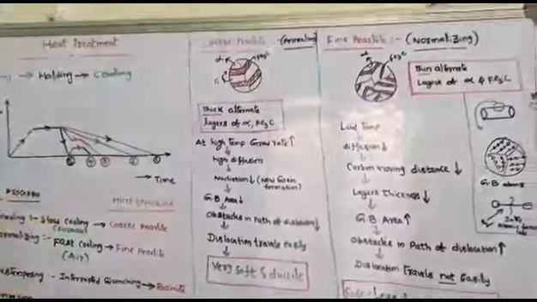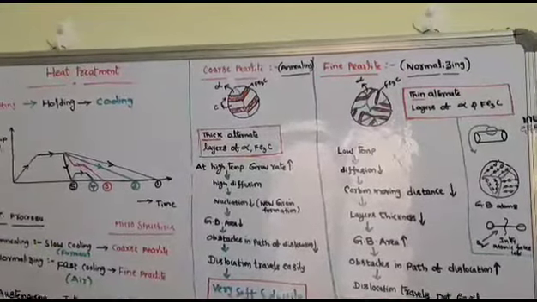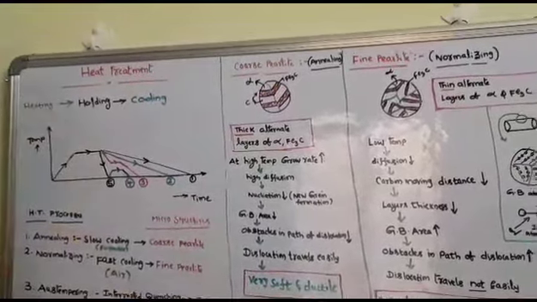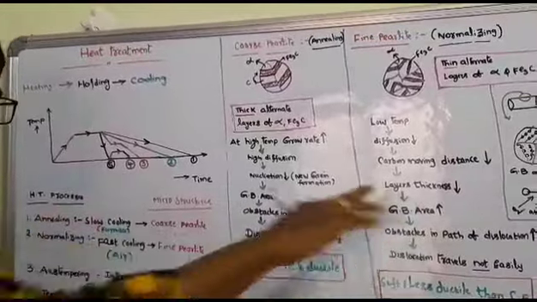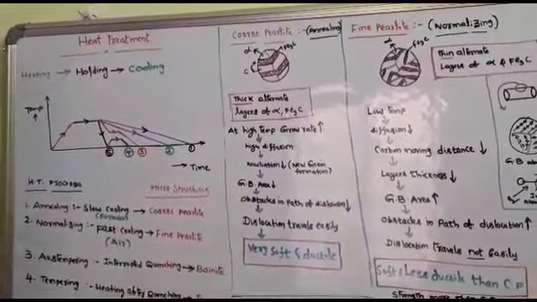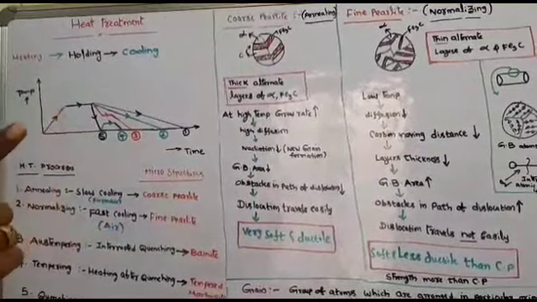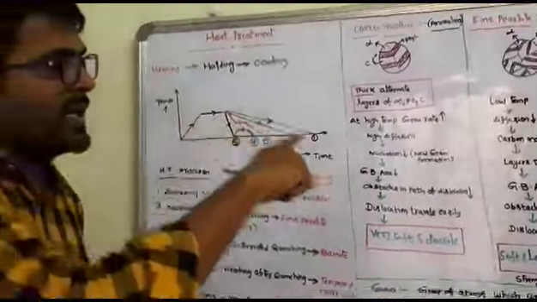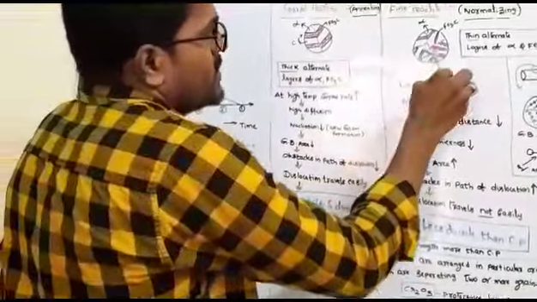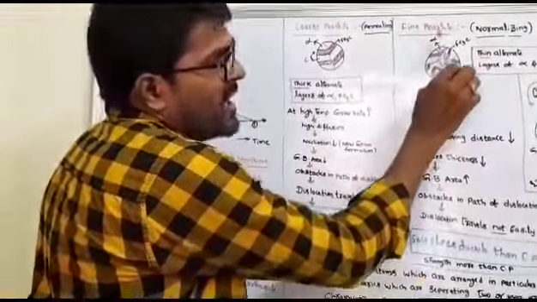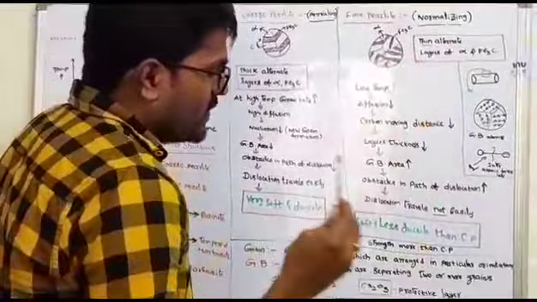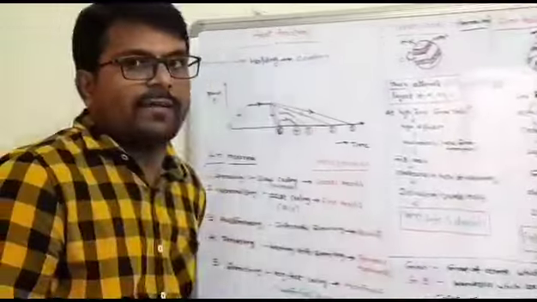Because the grain boundary area is increasing, the obstacles in the path of dislocation are increasing. The dislocation cannot travel easily because the grain boundary area is very high. So what will we get? Less ductile.